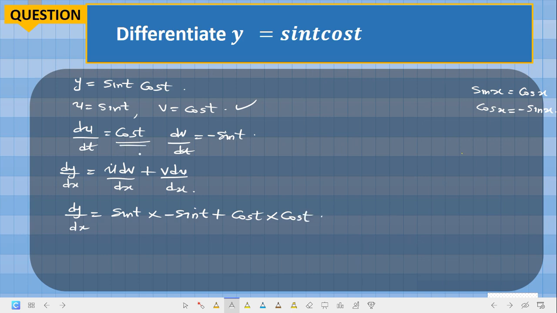Now minus sine t times sine t will give us minus sine squared t, plus cos t times cos t will give us cos squared t. So our dy over dt finally will be equal to minus sine squared t plus cos squared t. And that is the answer to that question.